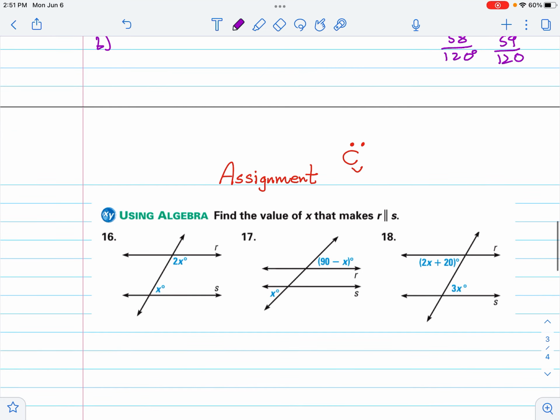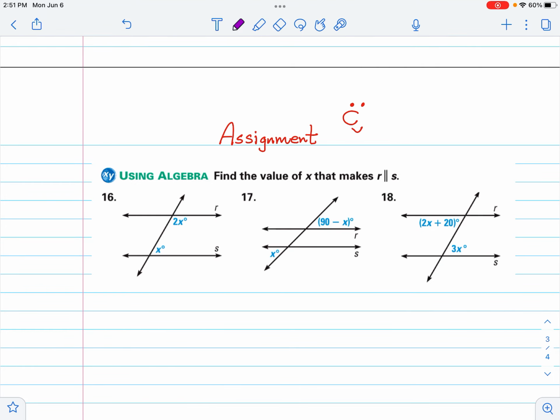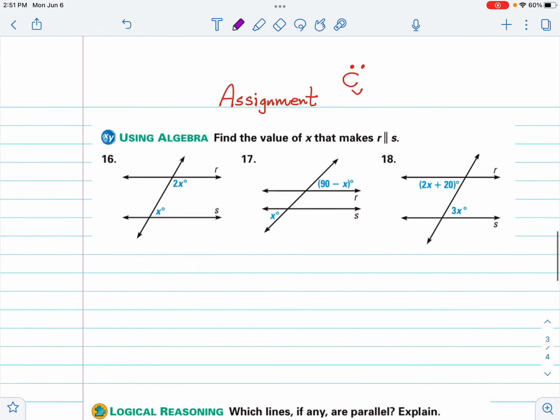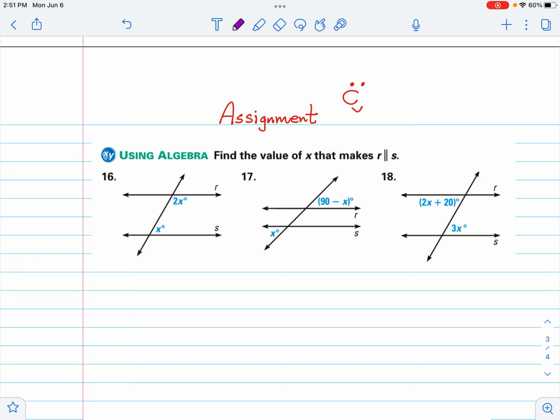Now look at the types of problems that you'll be working in the assignment. Okay, so you've got: find the value of x that makes R and S parallel. Well, look at this first one. You know that the 2x and x have to add up to 180 because these are supplementary.